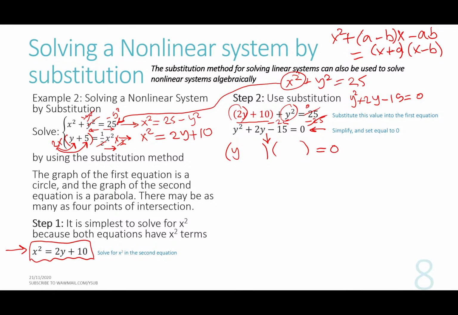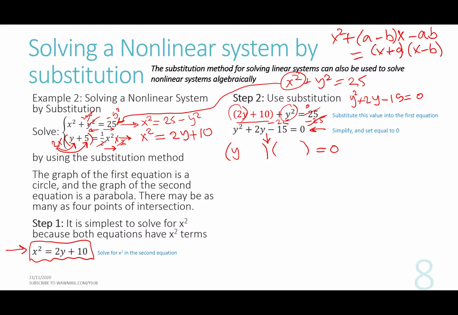Let me remove this and show you how things happen. So as I said, minus 3 plus 5 is 2, and minus 3 multiplied by 5 is minus 15, and this is how things go. Now in order to get the result of 0, we have to make y equal 3.